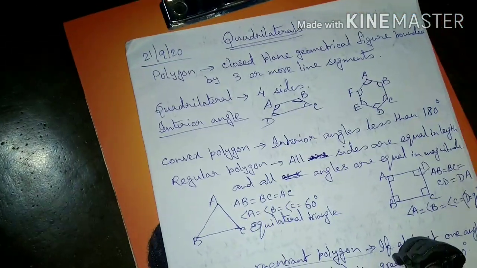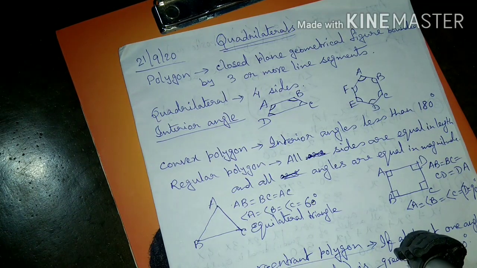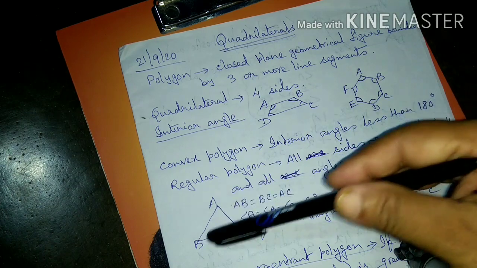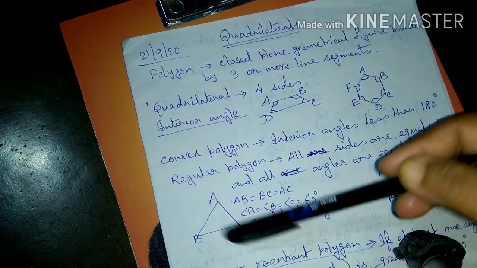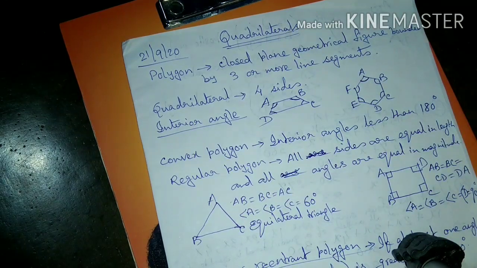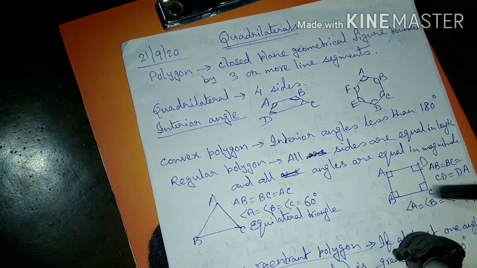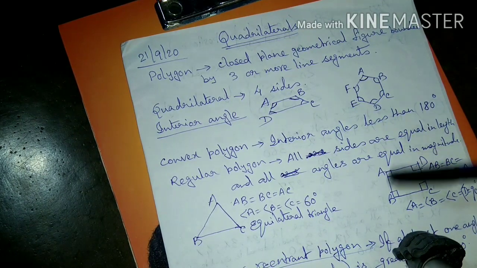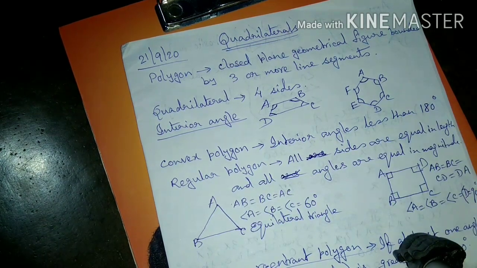Can you say which triangle has equal magnitude, like equilateral triangle? Yes or no? In equilateral triangle all the sides are equal and also angles are 60 degree. And in square, all the sides are equal and also all the angles are 90 degree. So they are called the regular polygon.